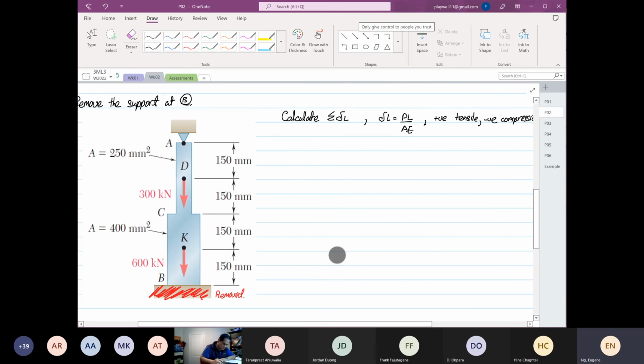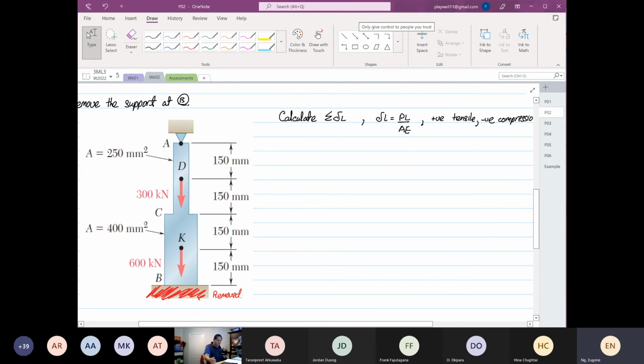Now we calculate deflection, and we're going to divide this into section 1, section 2, section 3, and section 4. This is in fact very similar to your homework, your quiz. All of you will probably know this very well.